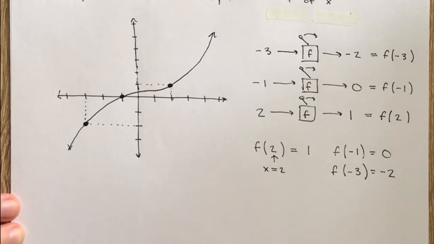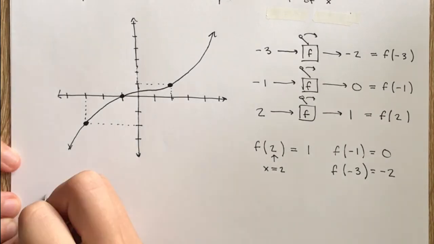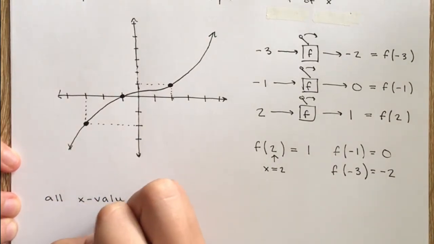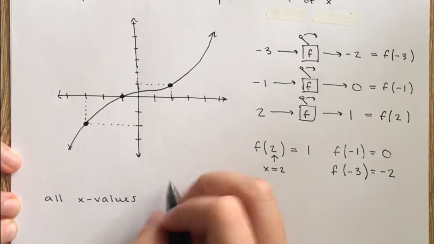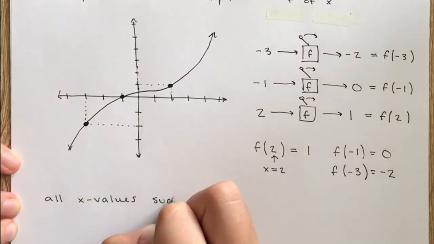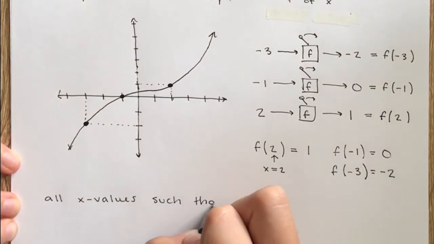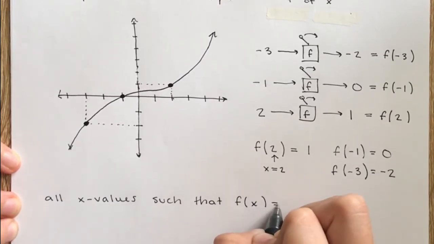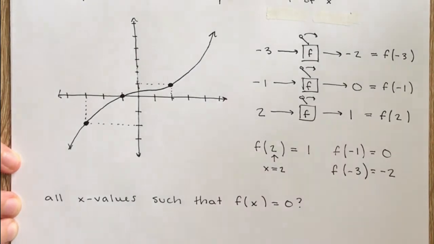Okay, we can also work backwards. What are all x values such that f of x equals 0?